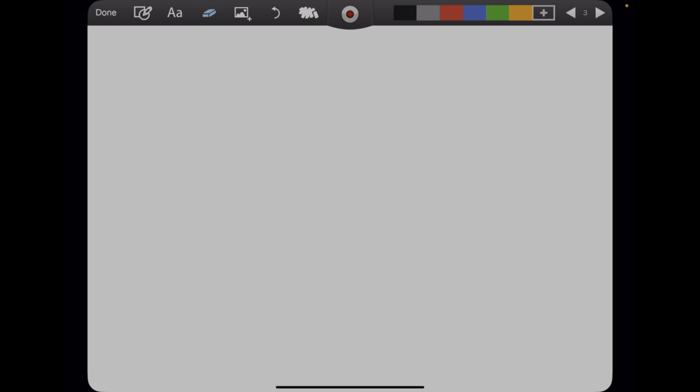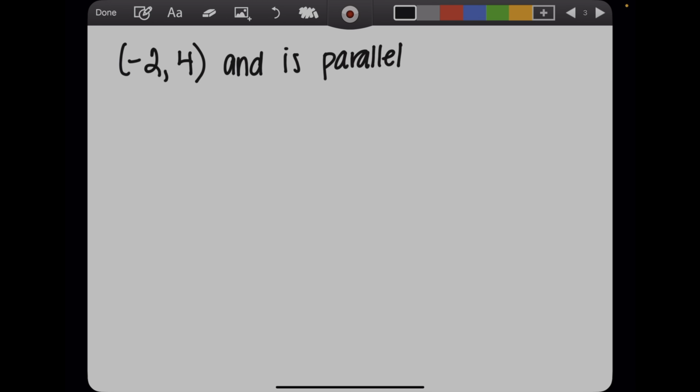So let's say we have this problem where we have to find a line that passes through the point (-2, 4), and is parallel to the line y equals 1/2 x plus 1.